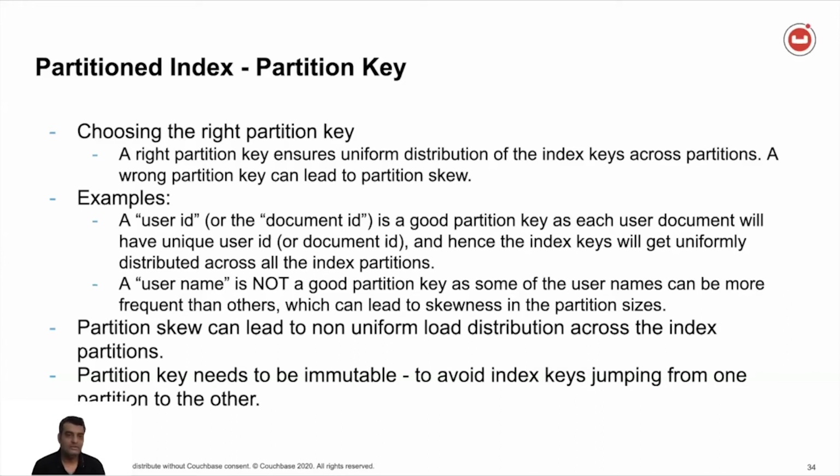On the other hand, username is not a good partition key because some of the names are more common, and hence there will be more rows of the same username than the others, and hence there will be some partition skew.